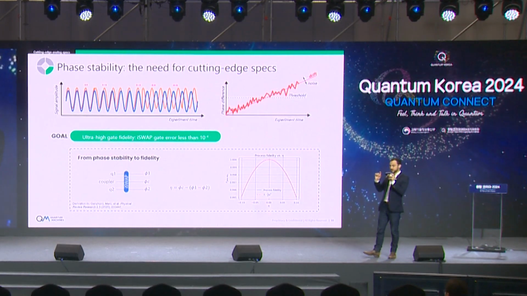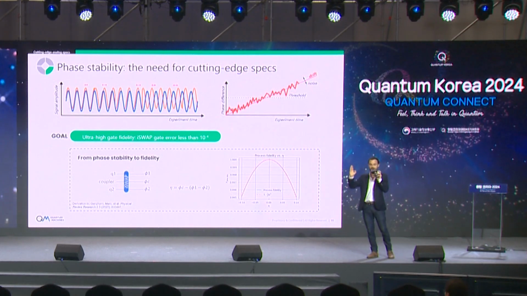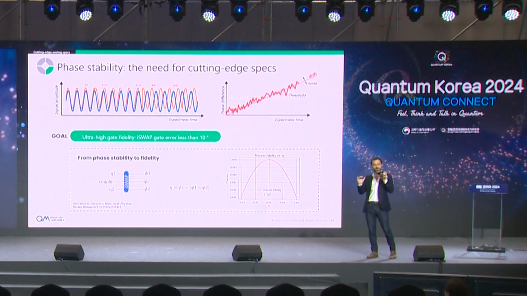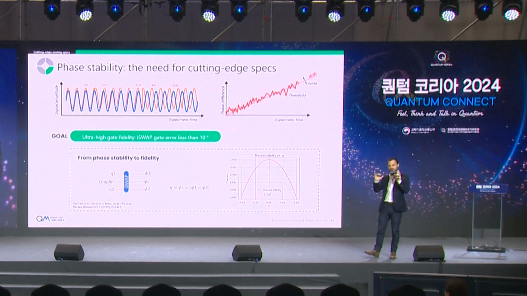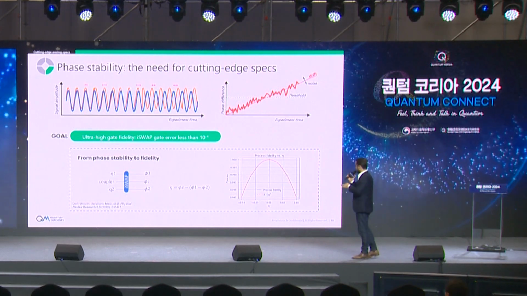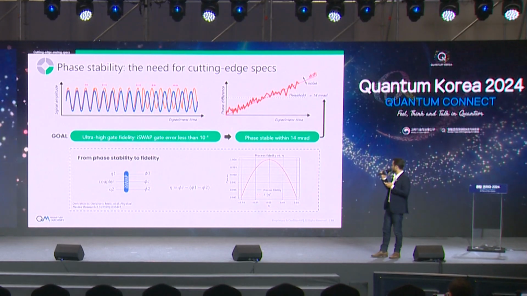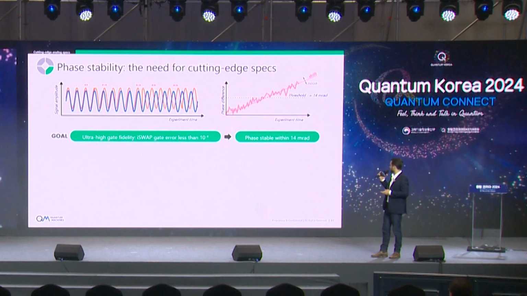But it's not just between two neighboring qubits, because one is coupled to 2, but then 2 to 3, 3 to 4, 4 to 5. You actually need to take care of the phase stability across the entire cluster. So this is the analysis that we've made, and we've defined exactly what the threshold is that you would need and how you can get there.